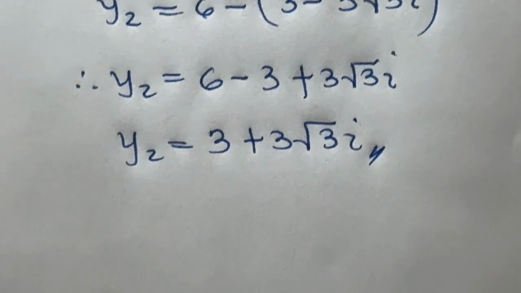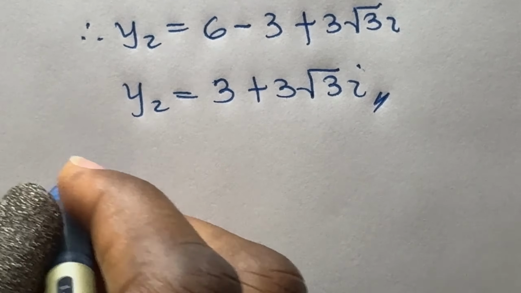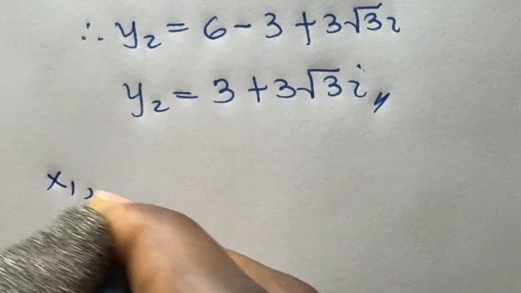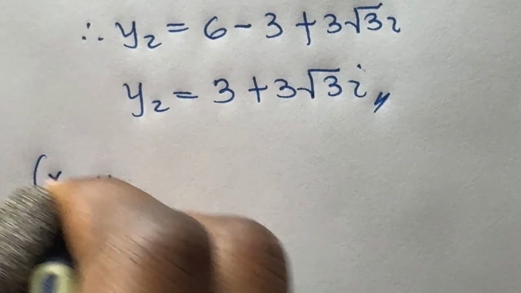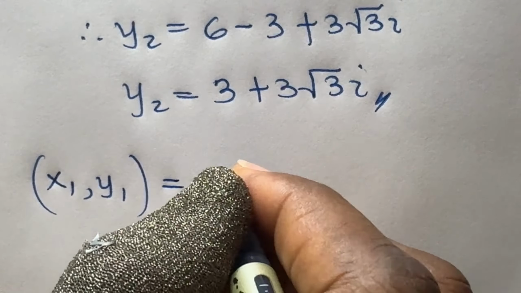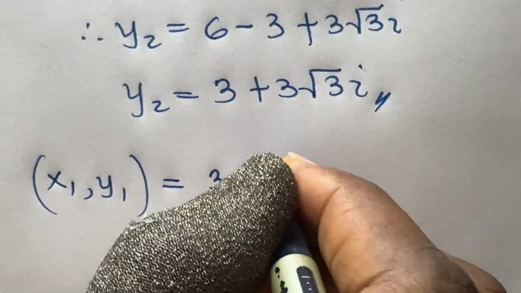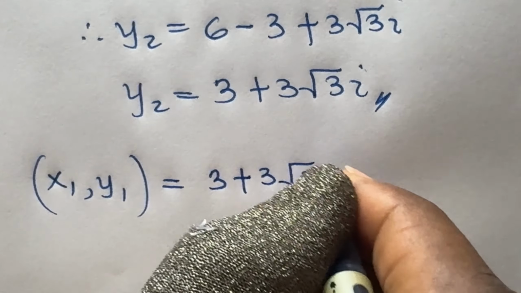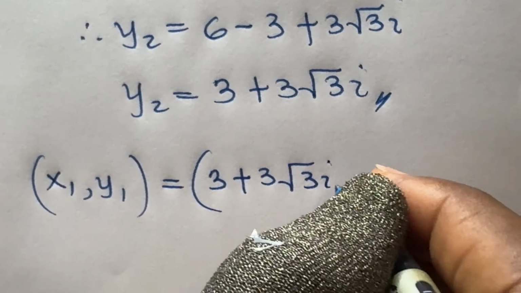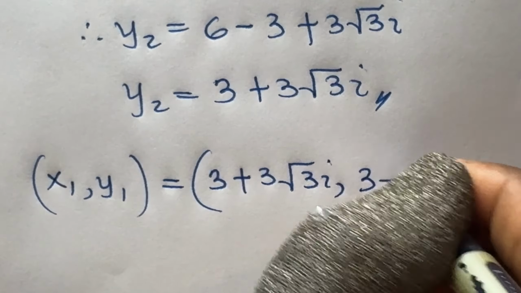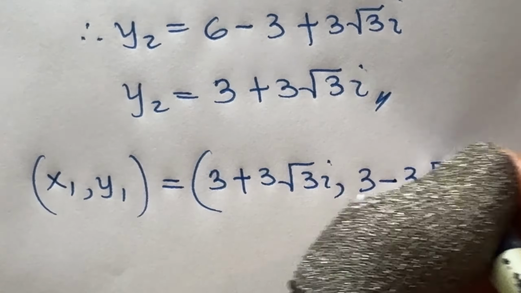So putting all the solutions together, we say x1 comma y1. This is going to be 3 plus 3 root 3i comma 3 minus 3 root 3i.